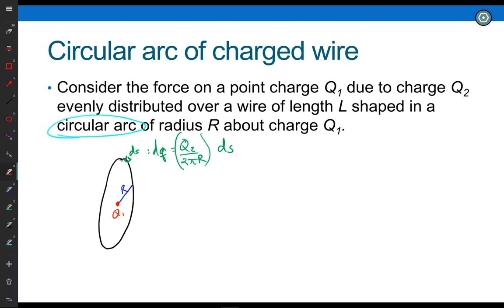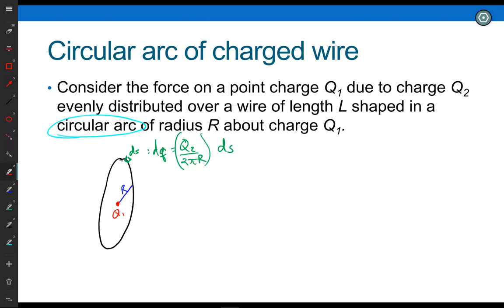I'm looking for the force on the point charge Q1. So what should I do? That would be the force of the charge on the wire on Q1. You take into account the distance.